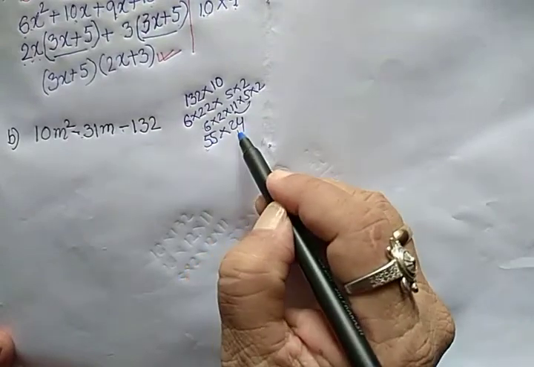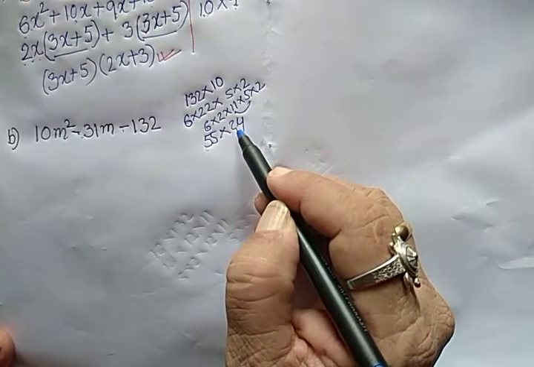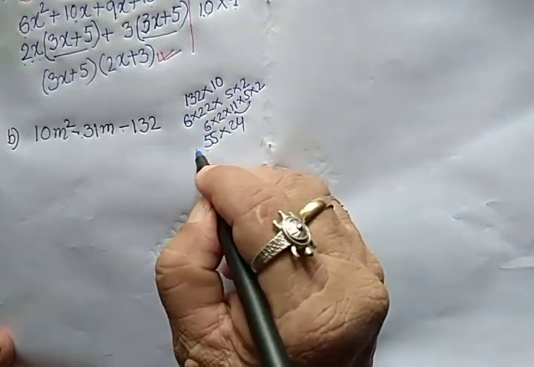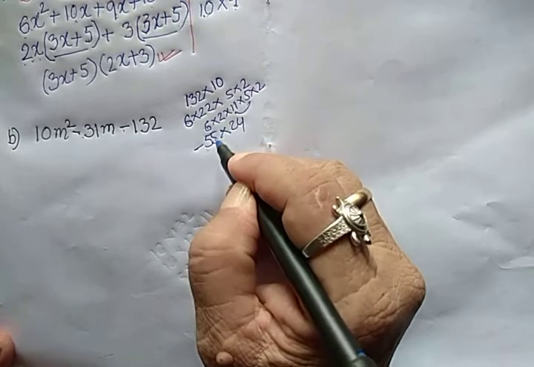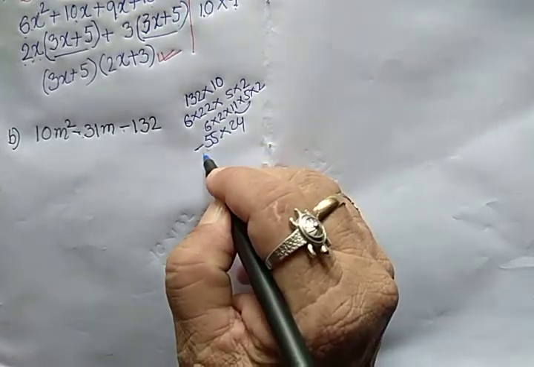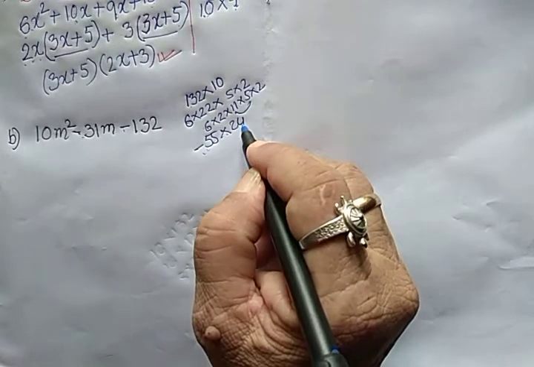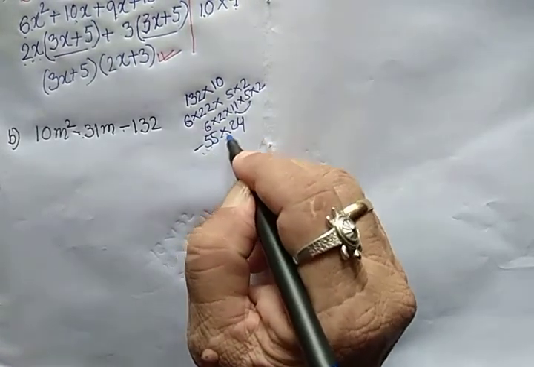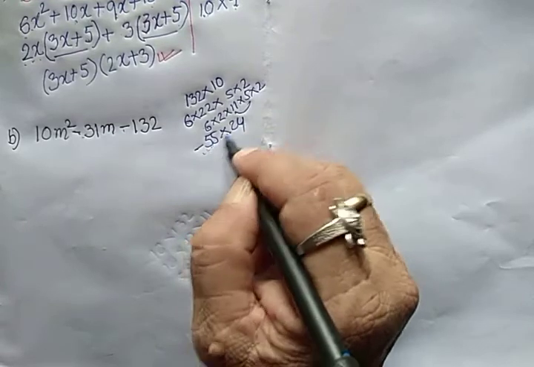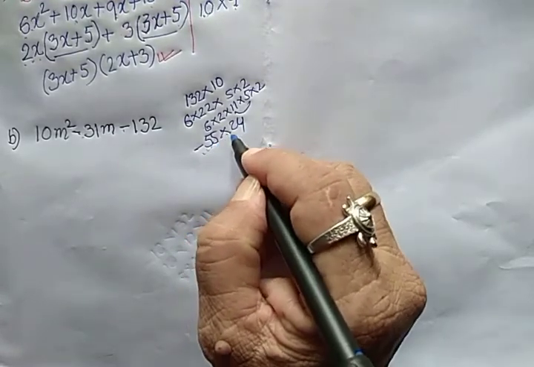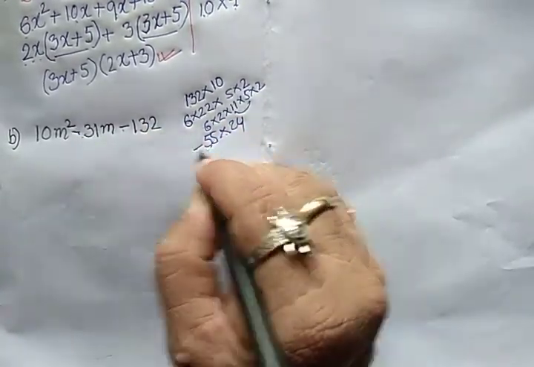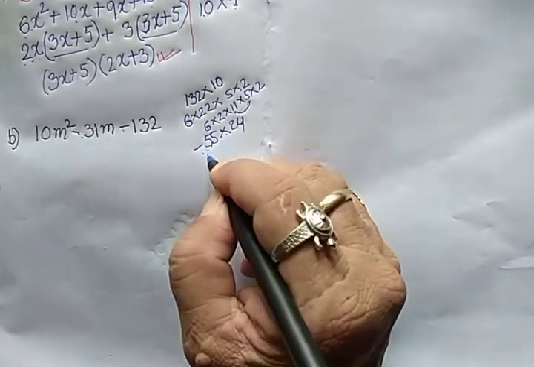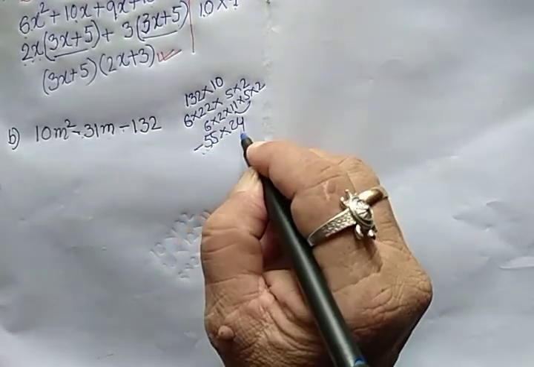So one of these two factors should have a minus sign and the other one a plus sign. So let us take minus 55 and plus 24. Then by adding minus 55 plus 24, you get minus 31. So break this 31m into minus 55m plus 24m.